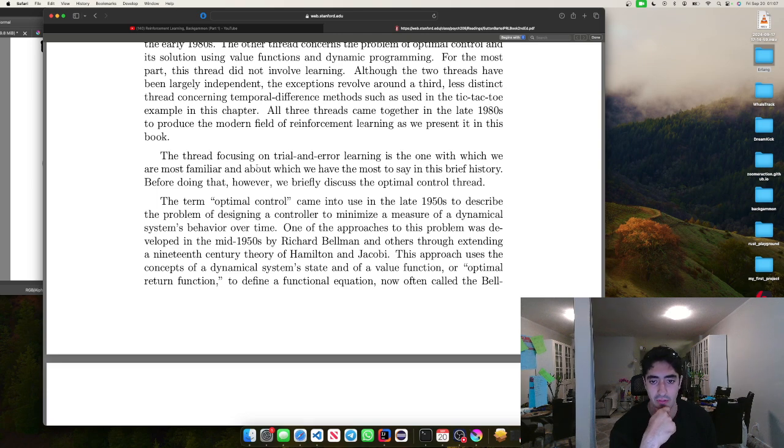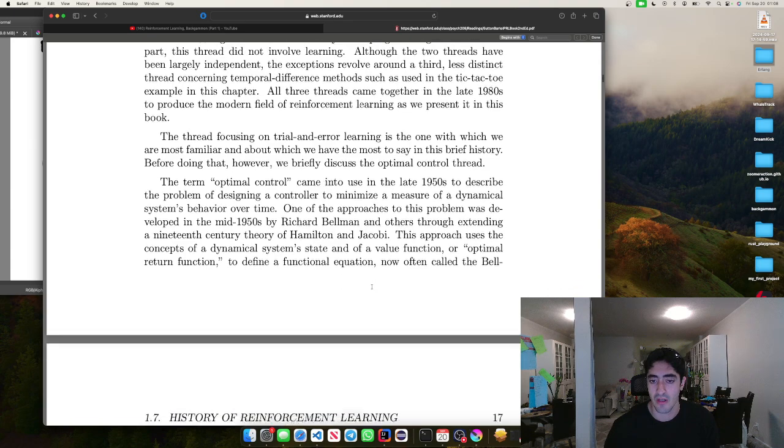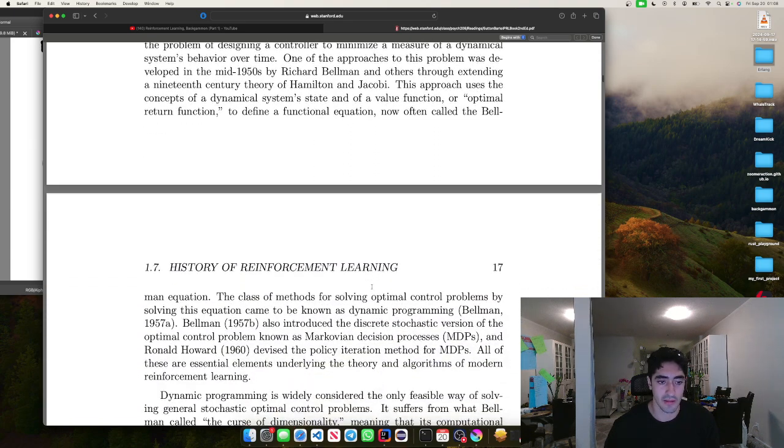One of the approaches to this problem was developed in the mid 1950s by Richard Bellman and others through extending a 19th century theory of Hamilton and Jacobi. This approach uses the concept of a dynamical system's state and a value function or optimal return function to define a functional equation, now often called the Bellman equation.